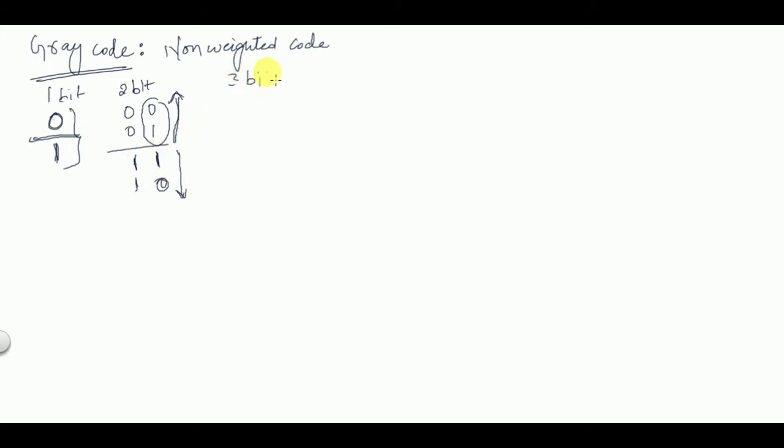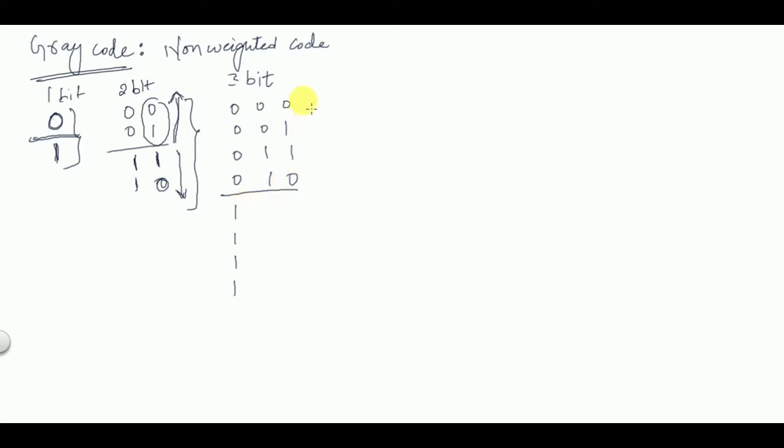Similarly, if you want to write the 3-bit gray code, it will have 8 combinations. For the first 4 combinations the MSB is 0 0 0 0, and for the next 4 it is 1 1 1 1. For the remaining 2 bits, first you write these 4 in order: 0 0, 0 1, 1 1 and 1 0.